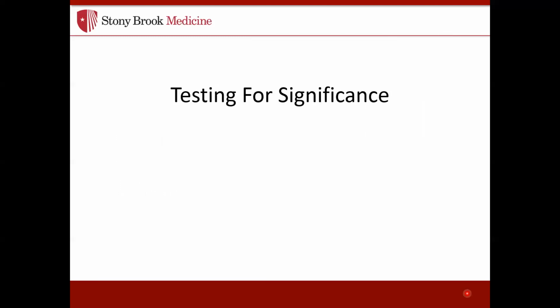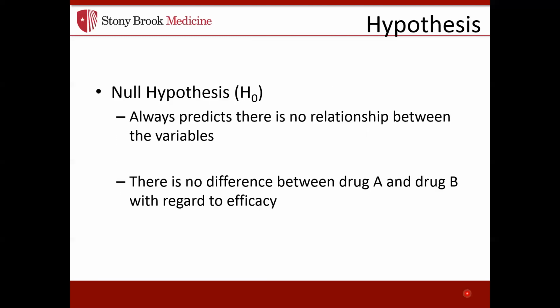Let's look at how we can come to the conclusion that a study outcome has a statistical significance. We talk about this a lot in pharmacy practice, and it would be nice to go over this a little bit thoroughly for this CE. In order to do that, let's take a quick look at hypothesis.